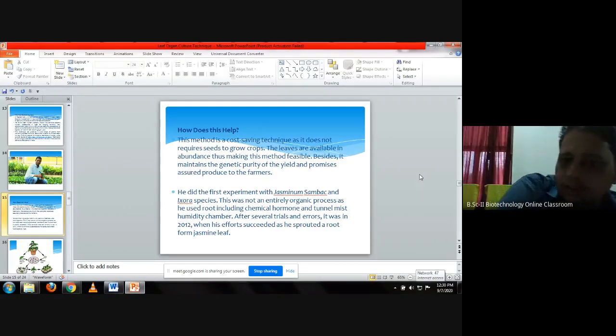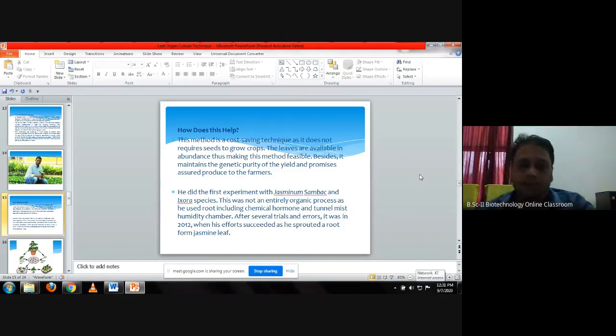So this method is a cost-saving technique as it does not require seeds to grow crops. The leaves are available in abundance, thus making this method feasible. Besides, it maintains the genetic purity of the yield and promises assured produce to the farmer. Why is this genetic purity maintained? You're using a vegetative method.